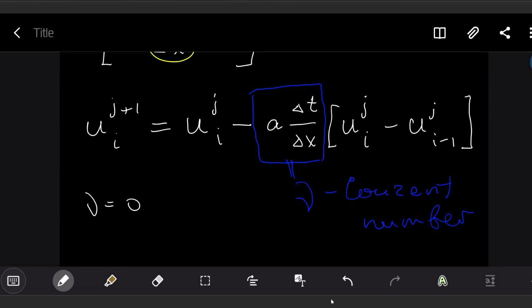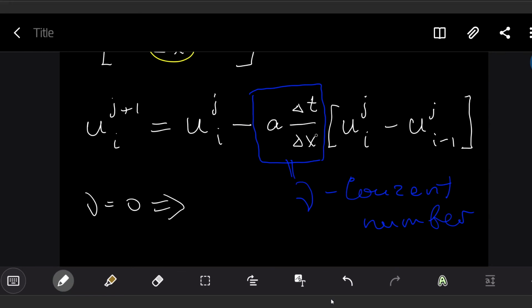What does it mean when we look at this definition of the Courant number? a cannot be equal to 0 because it's a velocity, or if the velocity of the movement is equal to 0, it means that the process is not moving, it's a stationary process which is not changing in time. Then delta x, to make the Courant number equal to 0, should be infinite, and this physically is not possible.